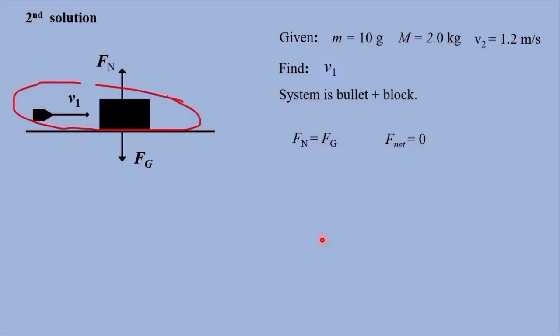And the second student suggested another solution. His solution started with the same analysis. So he considered the system of bullet and block, analyzed forces, and came to the conclusion that F net equals 0.